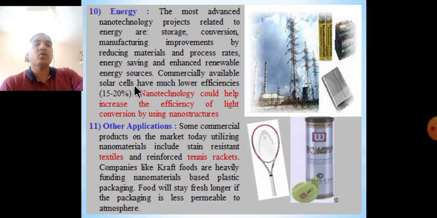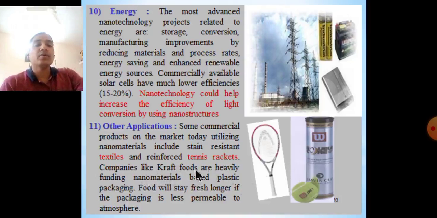Commercially available solar cells have much lower efficiency, 15 to 20%. Nanotechnology could help increase the efficiency of light conversion by using nanostructures. Other applications: some commercial products on the market today utilize nanomaterials, including stain-resistant textiles and reinforced tennis rackets.